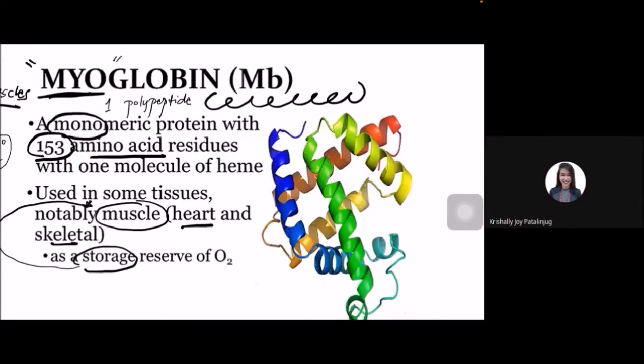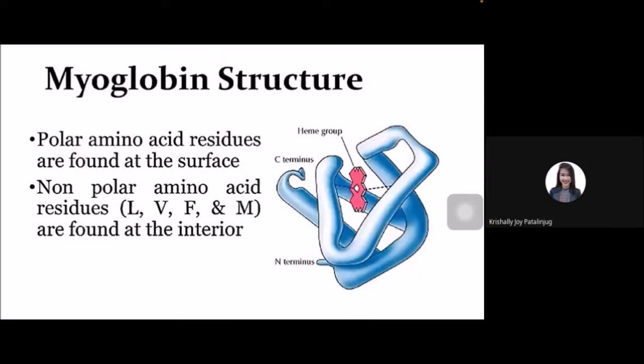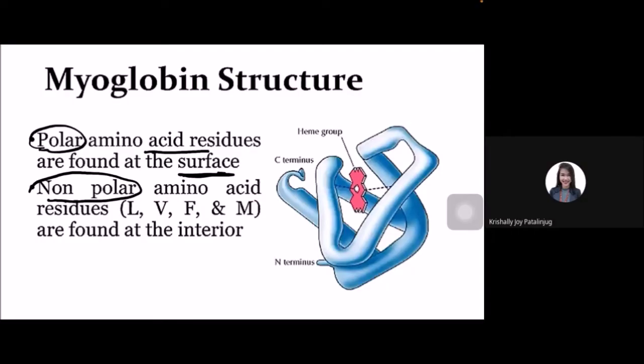Now, with regards to myoglobin structure, in general, ang mga polar amino acid residues niya makikita on the surface. Somehow you know this general knowledge, di ba? Kapag polar hydrophilic amino acid, they are found on the surface, on the outer portion of the protein. And then generally, yung non-polar amino acid residues naman ng myoglobin, they are found in the interior portion.